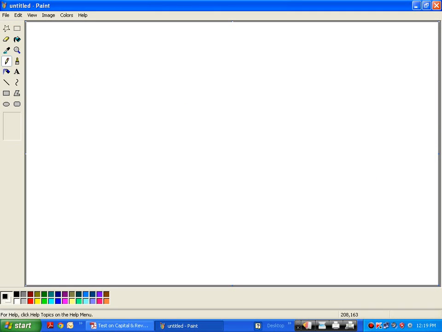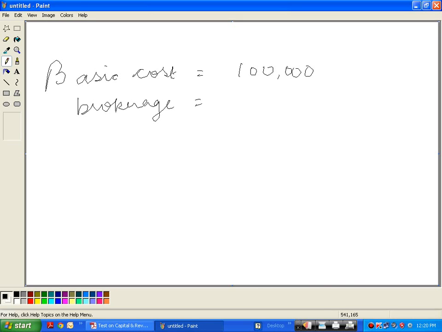Okay, so the basic cost of the asset is 1 lakh, on which brokerage is 1000.